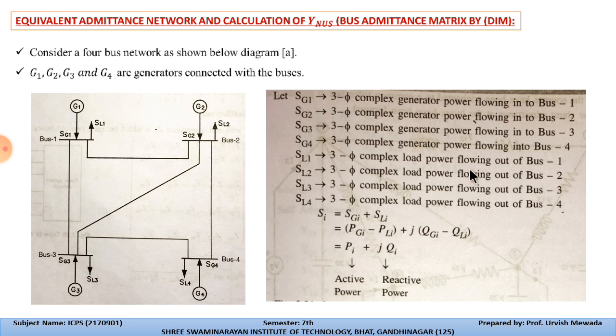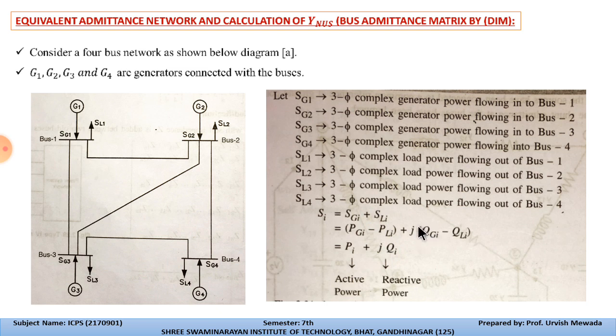SGI is the generation and SLI is the load. So the power which is generated and the power which is delivered at the load, PGI minus PLI for the ith bus, plus J.